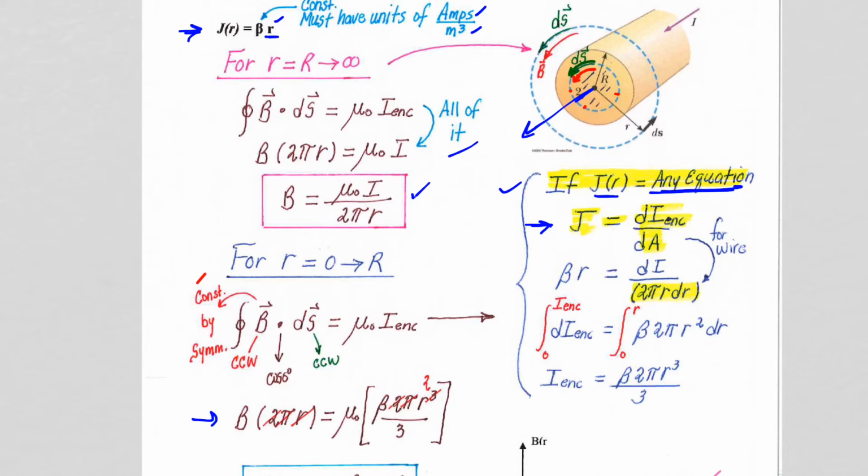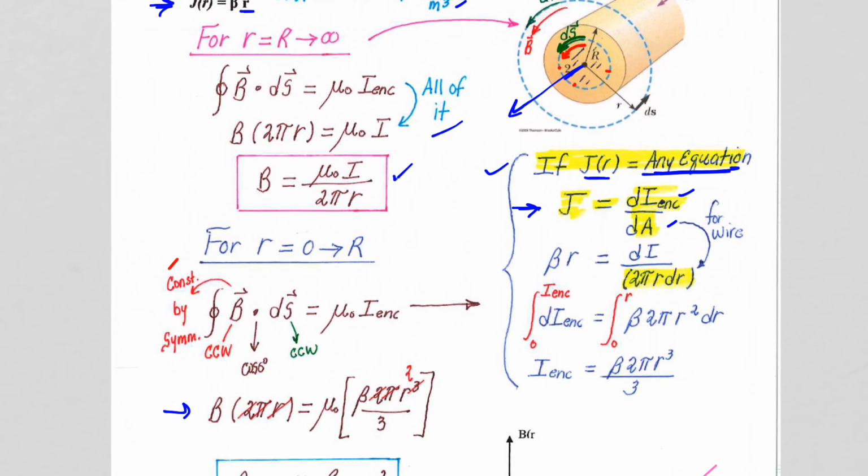So density is current per area, but now it's the calculus differential dI divided by the differential area. The differential area for the wire is always going to be 2 pi r dr. Wires are always cylinders, so we'll always have the full angular extent, 2 pi r dr for our differential area.